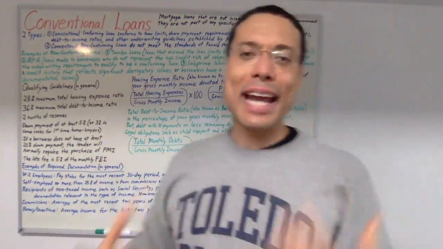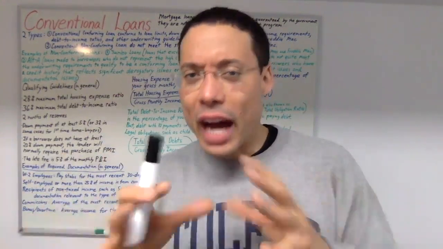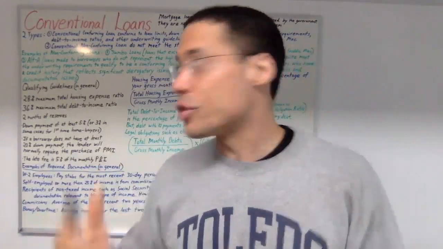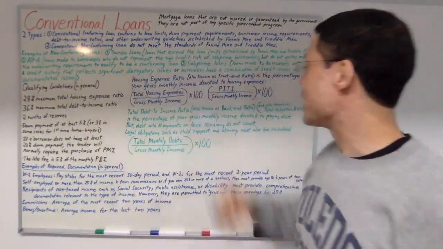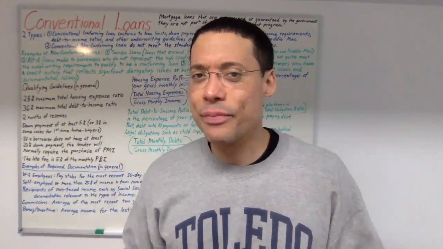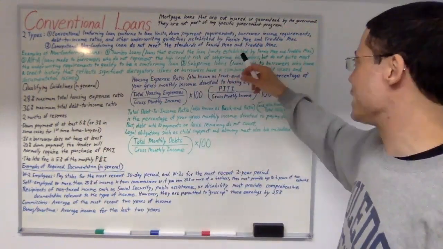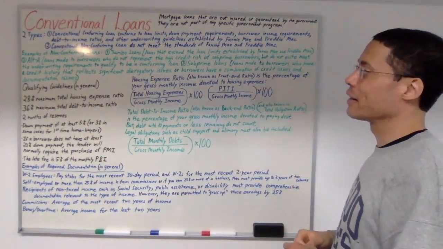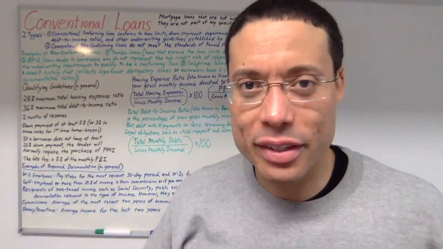Now, what are some examples of non-conforming loans? Three examples are jumbo loans, Alt-A loans, and subprime loans. What are jumbo loans? Jumbo loans are loans that exceed the loan limits established by Fannie Mae and Freddie Mac. What are Alt-A loans?